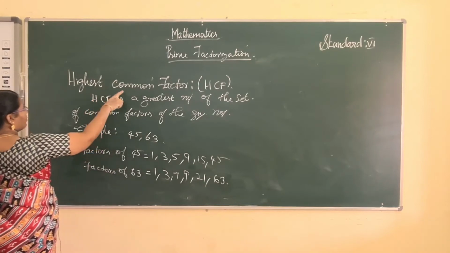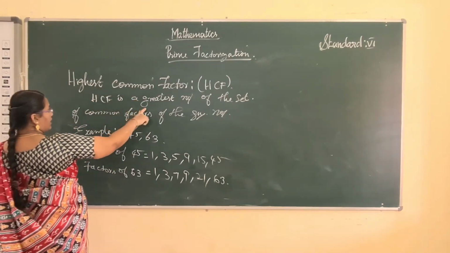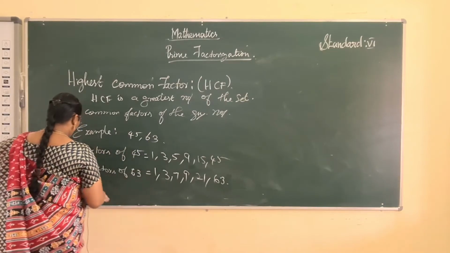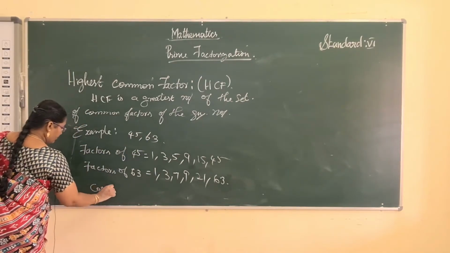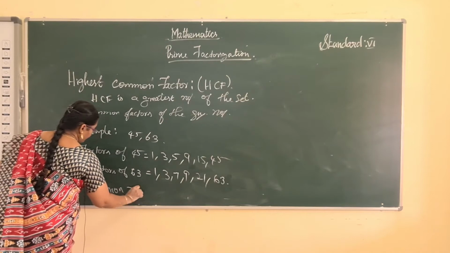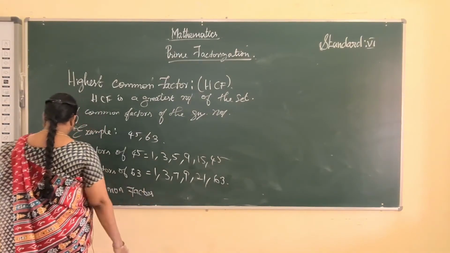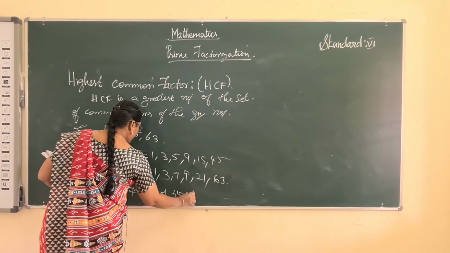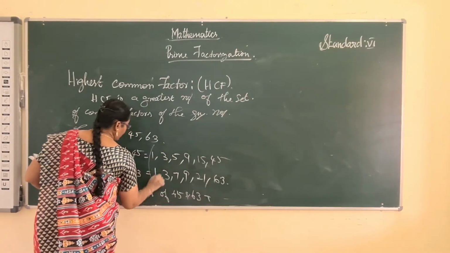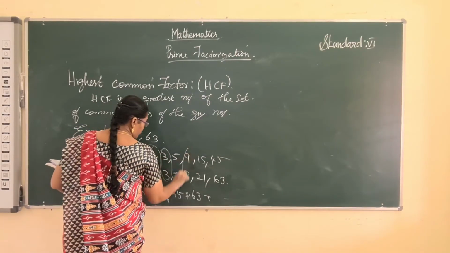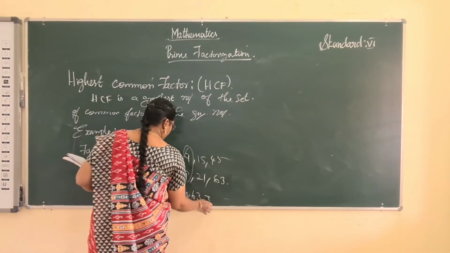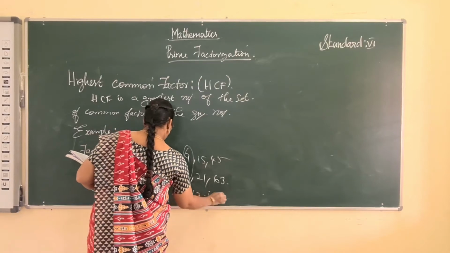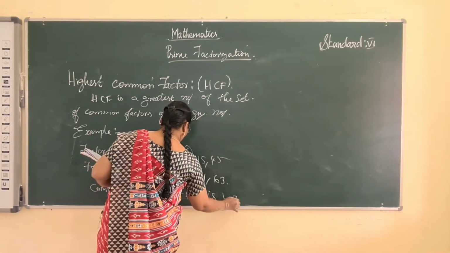So what is the meaning of HCF? The greatest number of the set of common factors. First of all, write the common factors. Common factors of 45 and 63 are 1, 3, 9.